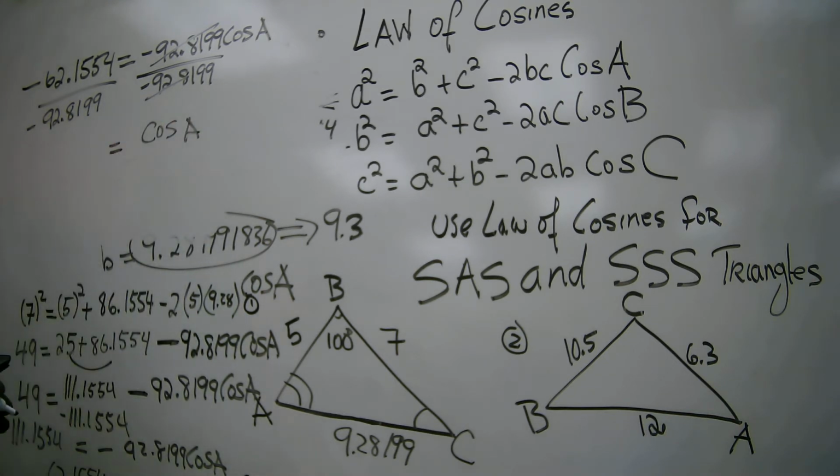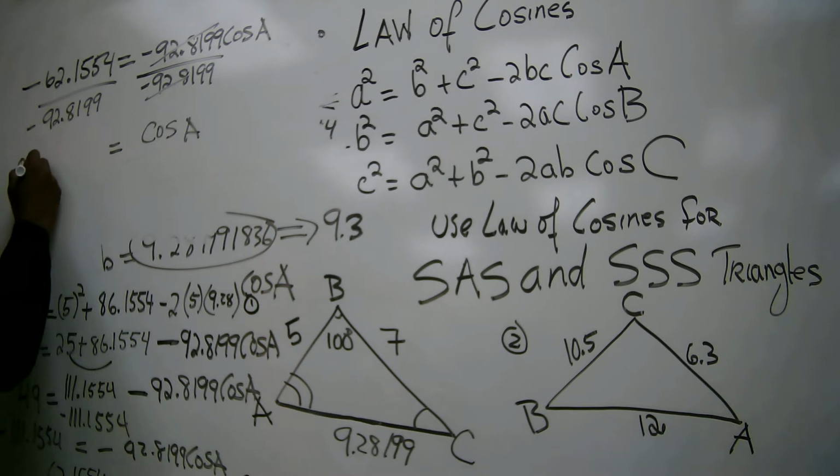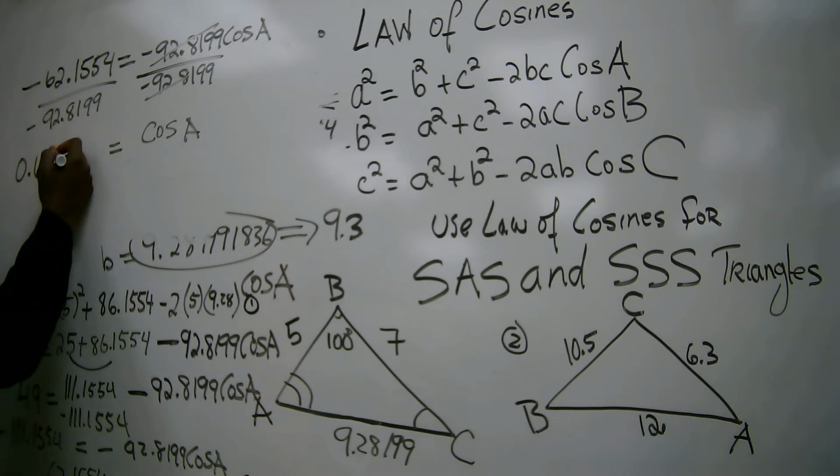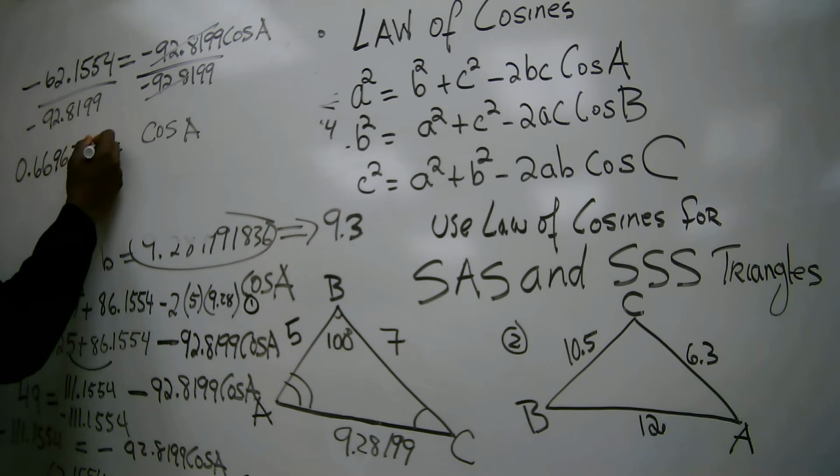equal. Now you take this, you divide it by 92.8199. This becomes a positive number, and you divide two negatives, which gives 0.963442.